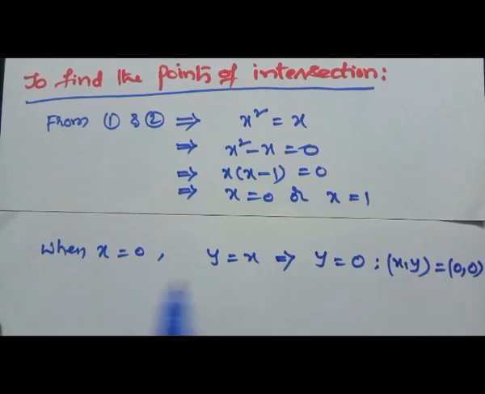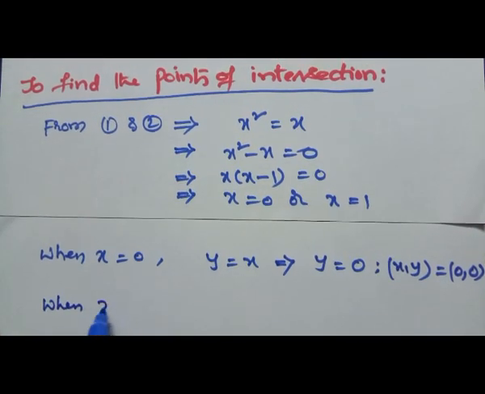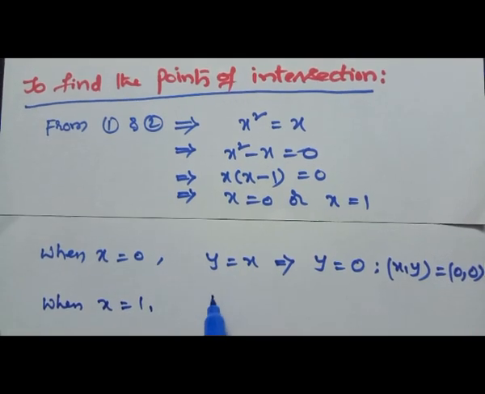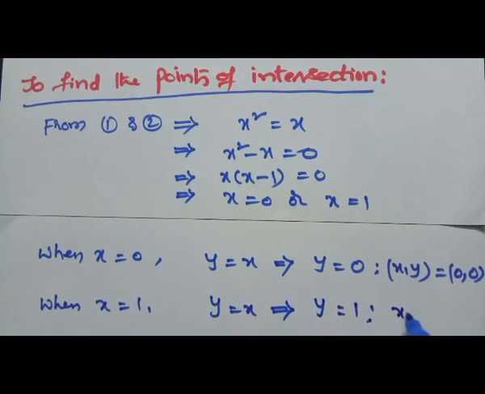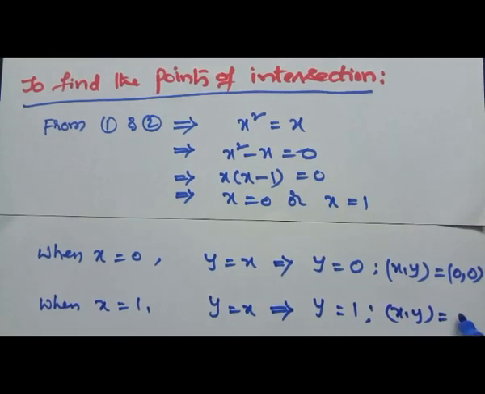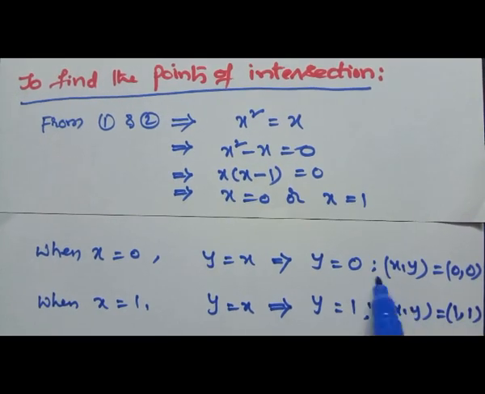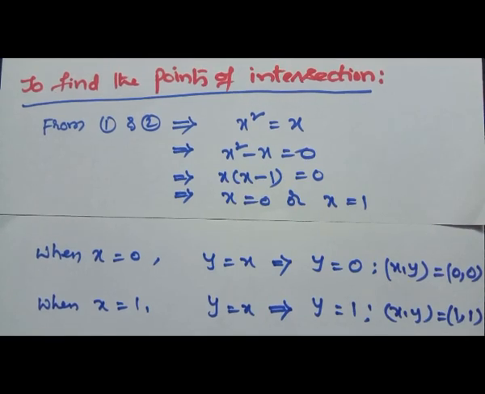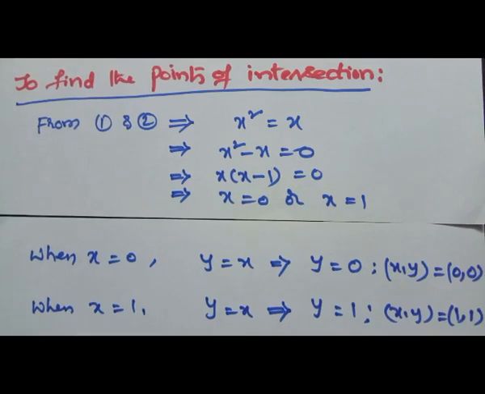X coordinate is 0, y coordinate is also 0. When x equal to 1, y equal to x implies y is equal to 1. So another point of intersection is 1 comma 1. Therefore the points of intersection are 0 comma 0 and 1 comma 1. Now draw the curves and plot the points of intersection.